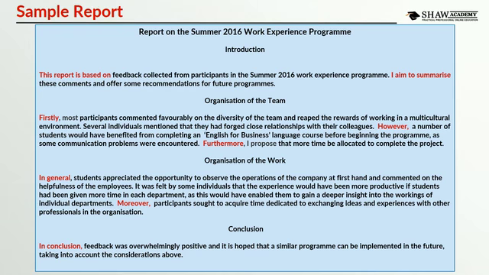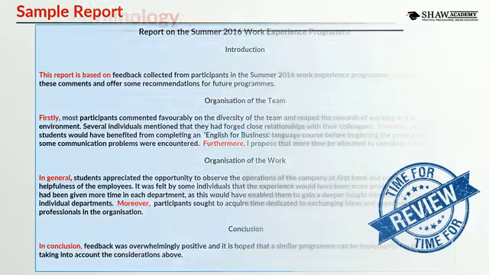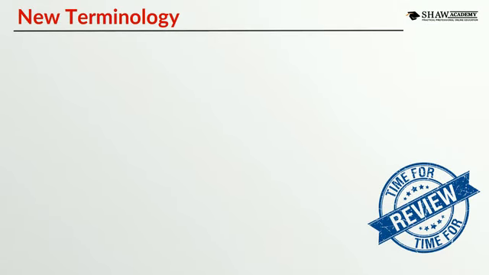So, that was our sample report, guys, and I know there was a lot of new terminology in there, so let's get straight to it. And remember, all of this is in your summary notes, or if you have those webinar slides from the toolkit, okay? To be based on means it came from another source.